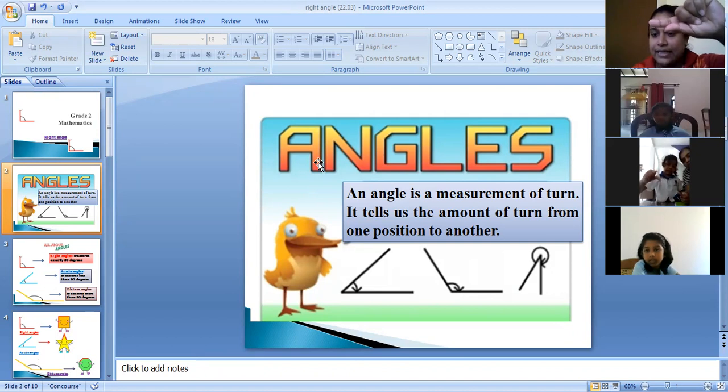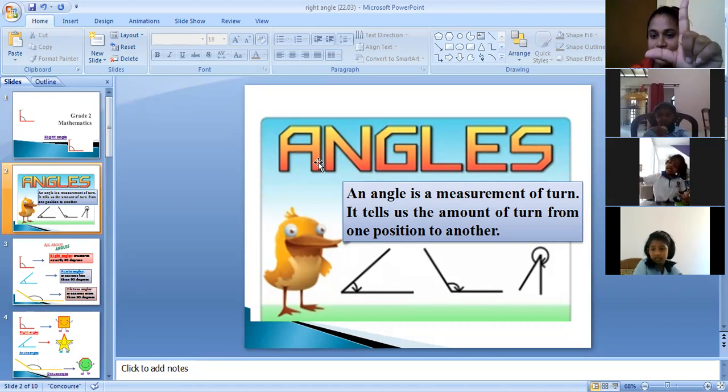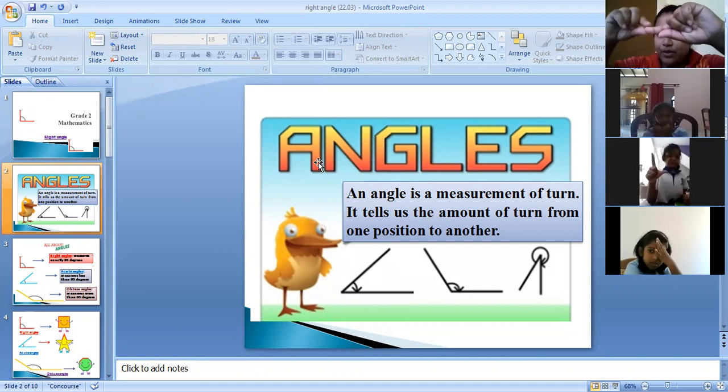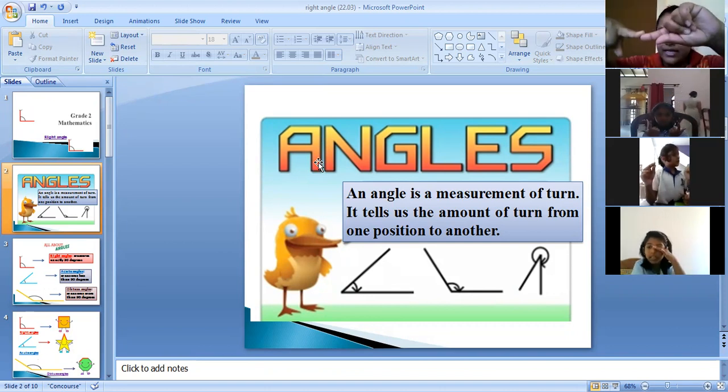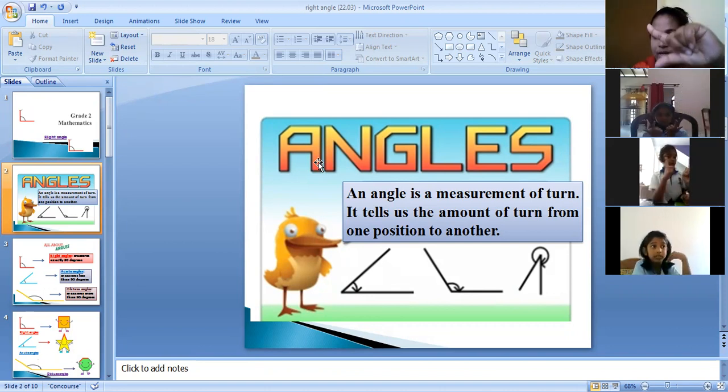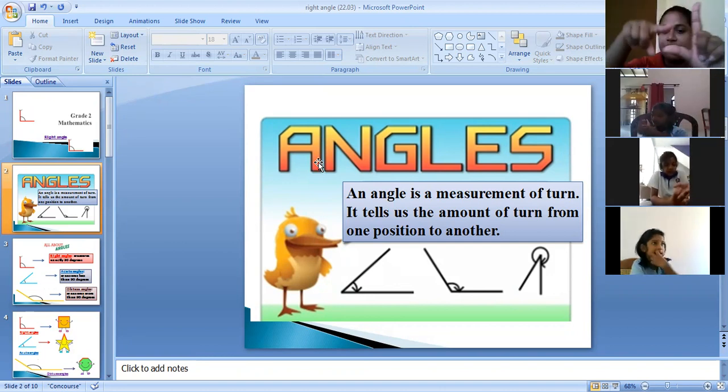If I keep it like this, there is no movement, but I can slowly move it. Here now it has moved from this position to here. Earlier it was here like this, and now here I can move it.